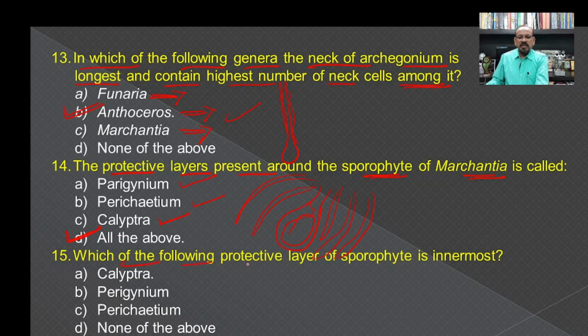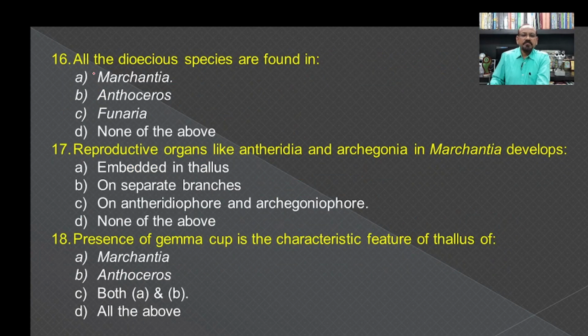Then, which of the following protective layers of the sporophyte is innermost? Out of these three layers, the innermost layer is the calyptra, then the perigynium and then the perichaetium, and hence the innermost is the calyptra. Then, all the dioecious species are found in.